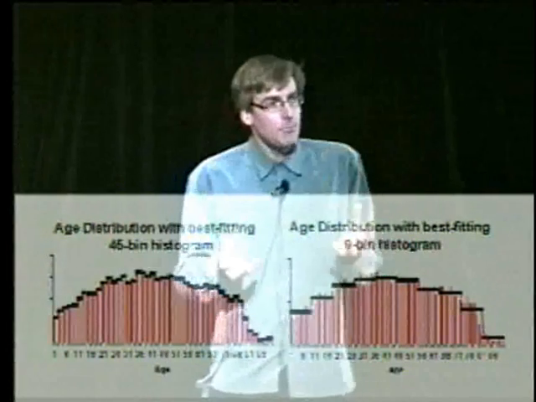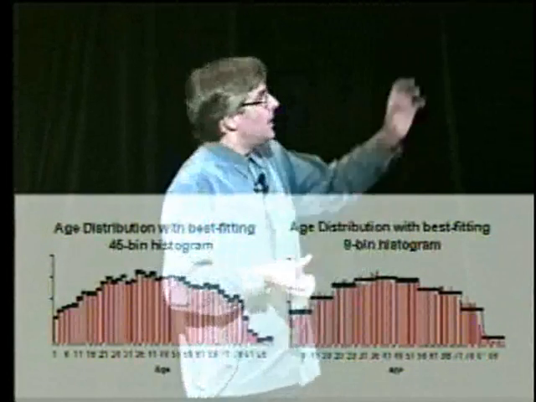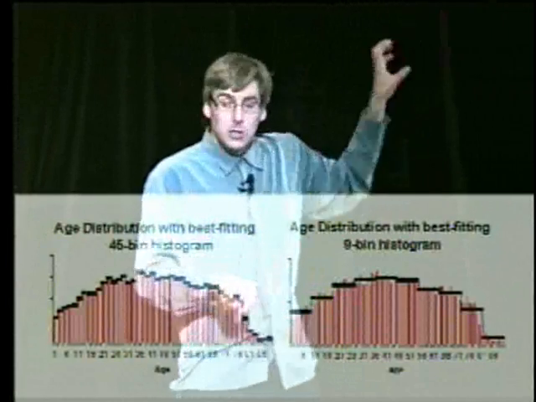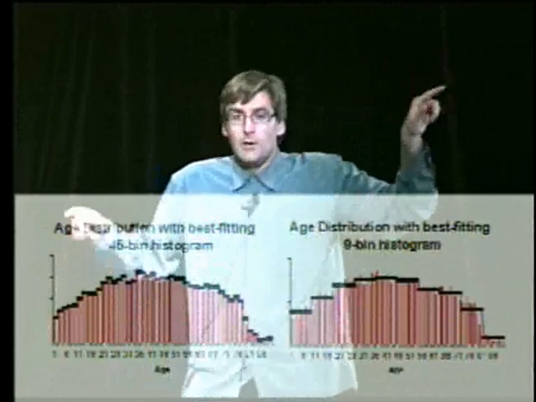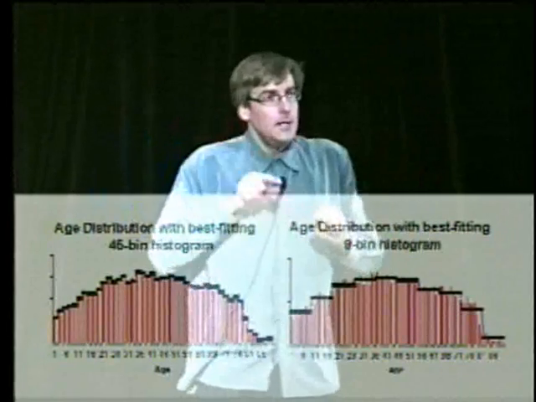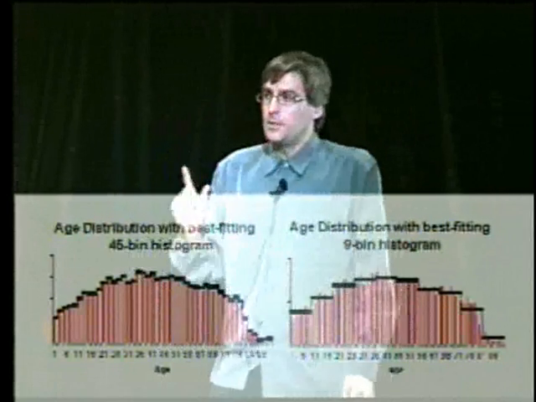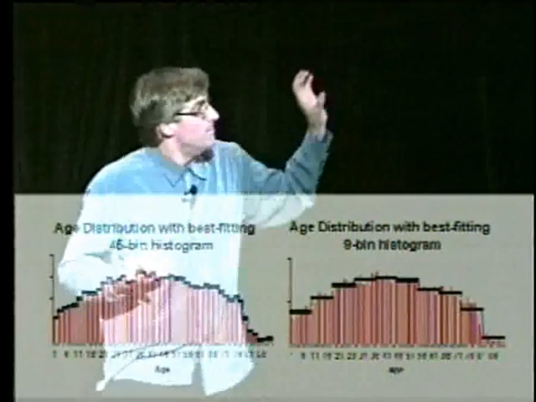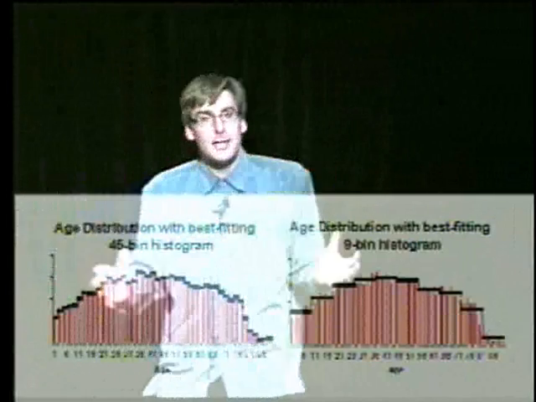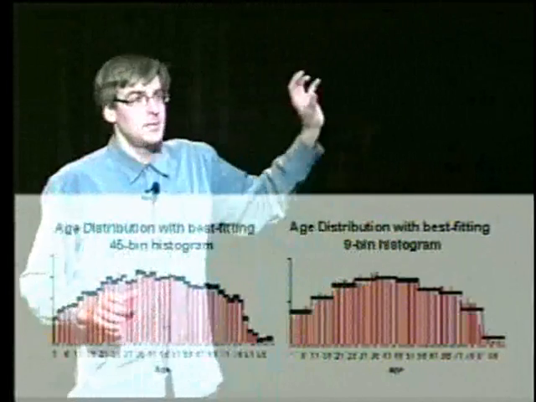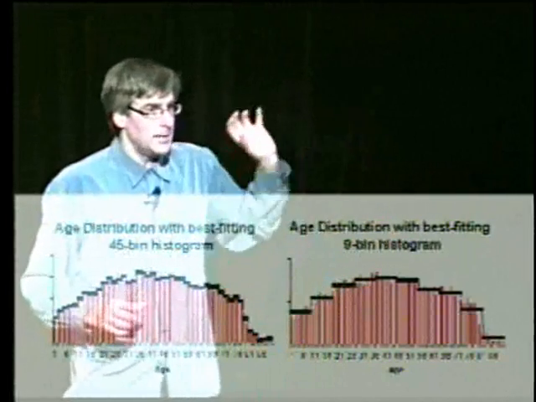That's what we're trying to capture with our models. We have a 45-bin model that clearly does a better job of capturing all the subtleties in the population than our 9-bin model does. But the important thing to remember is that for both the 45-bin and 9-bin models, these are classes of models, and these are the best examples of those classes that we can ever find.